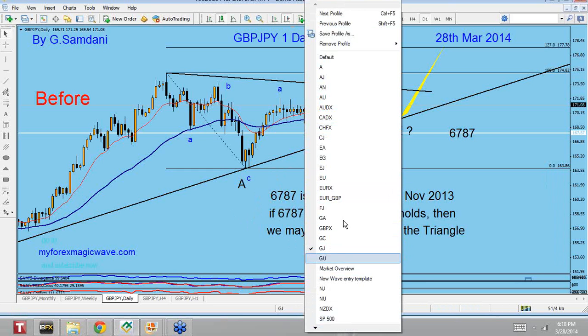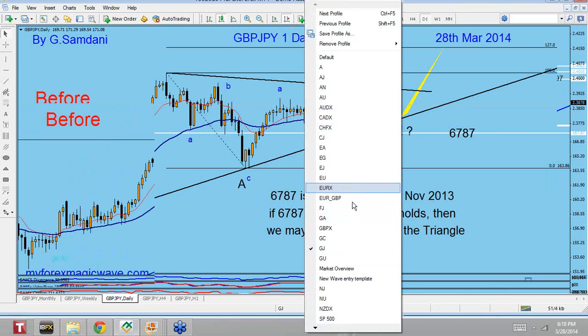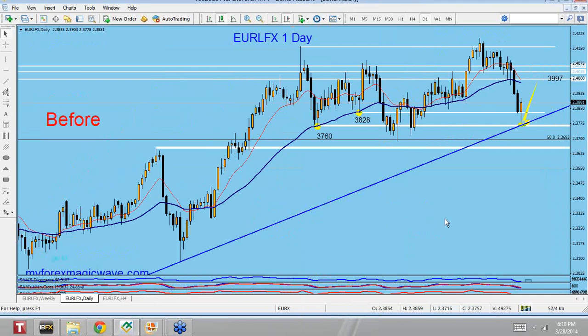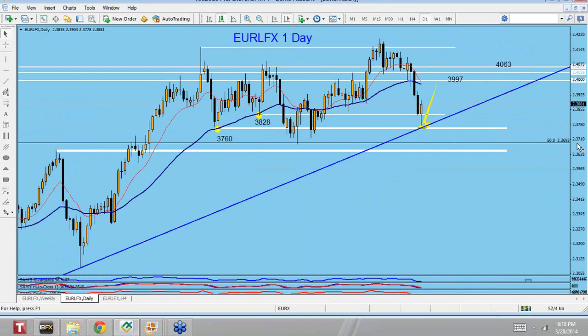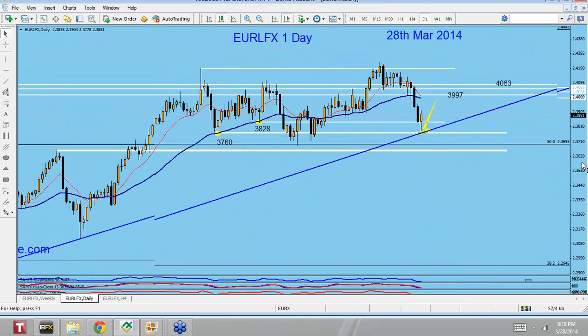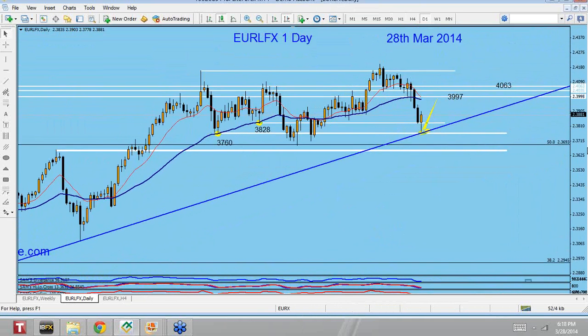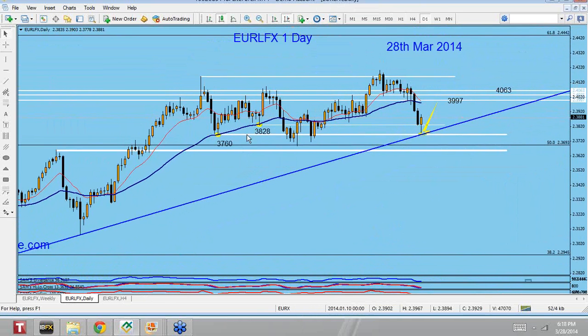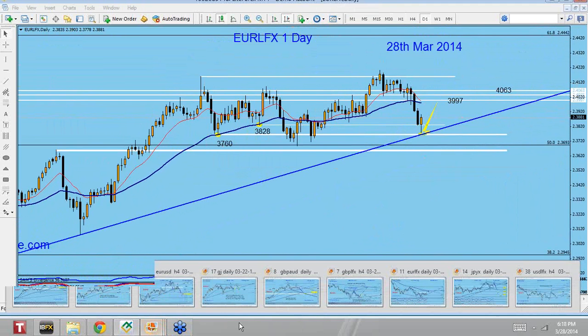So I'm just going to go over what is really happening, so you get a little idea how to read the market. This is also, you can see, a very sideways movement here, and then euro index starts dropping big time. All right, so these are the numbers. I still have more numbers to write down, but this is the number 3760, and this is the chart I sent out.